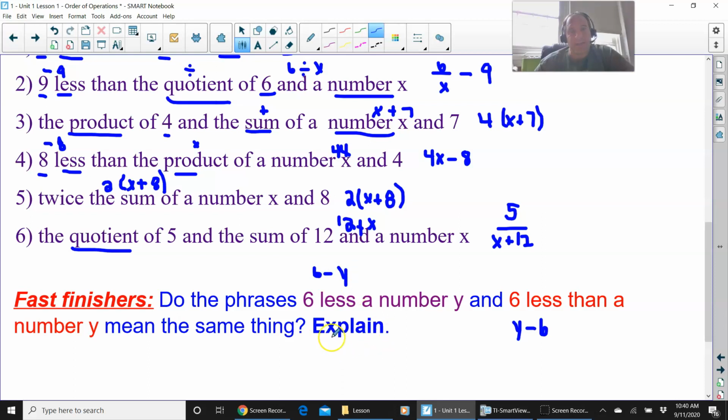All right, so it does not mean the same thing.